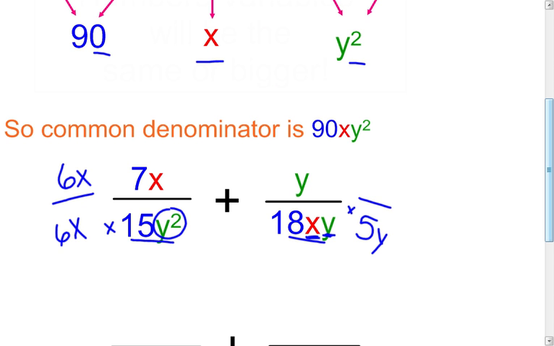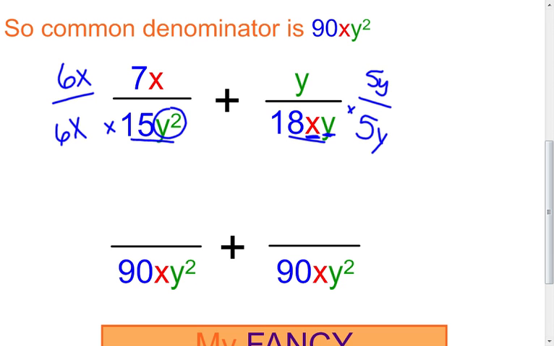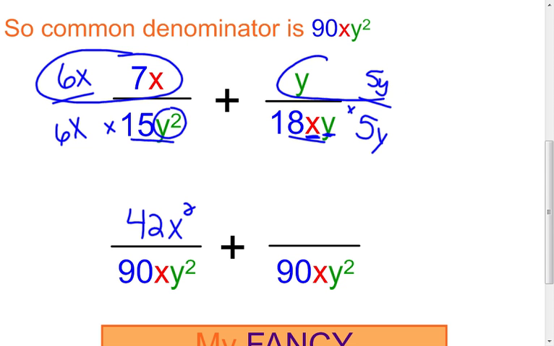And if I do that to the bottom, obviously I must do that to the top as well, so that it's like I'm multiplying by 1. Okay? So then, when I combine these two, 6 times 7 is 42, and x times x gives me x squared. And then over here, I have the 5, and y times y gives me y squared. So here's where I'm at.